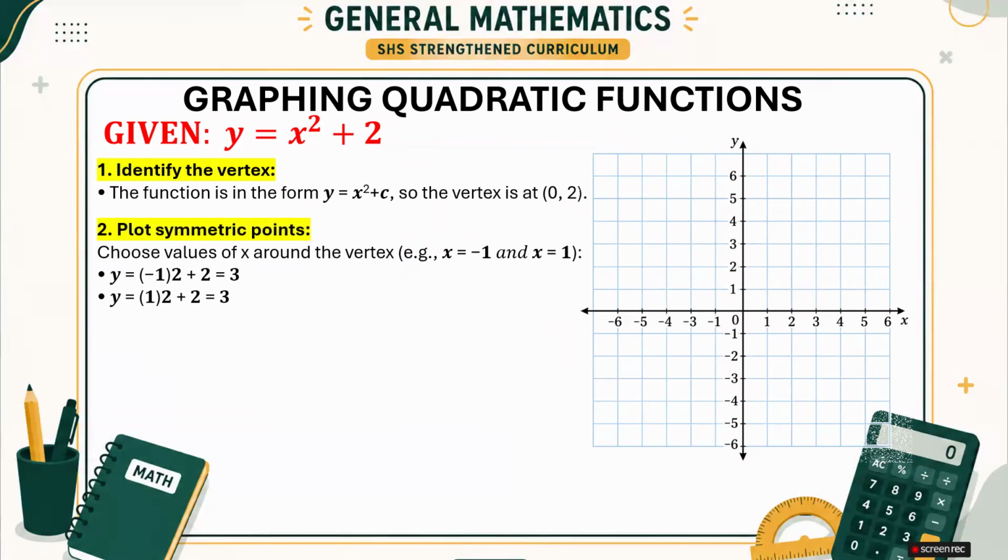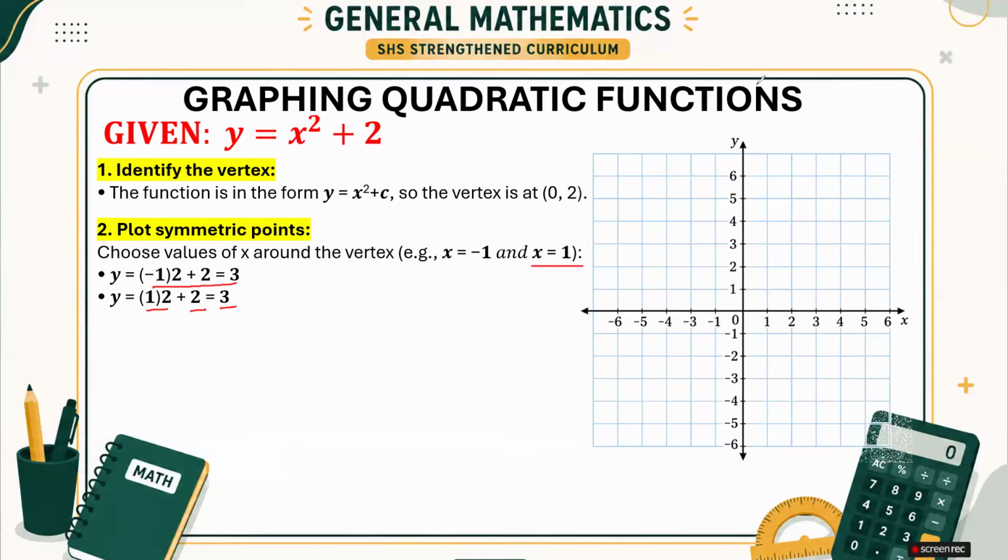When you choose values such as x equals -1, then you substitute the value to the equation. So (-1) squared plus 2 becomes 3. And then when you substitute 1, then 1 squared plus 2, the answer is also 3.